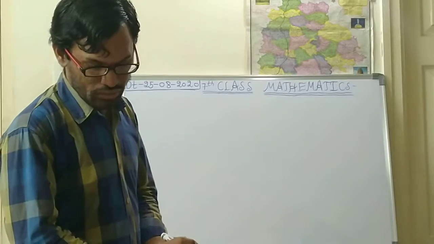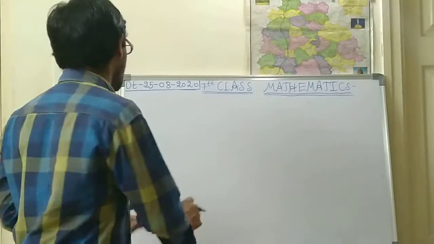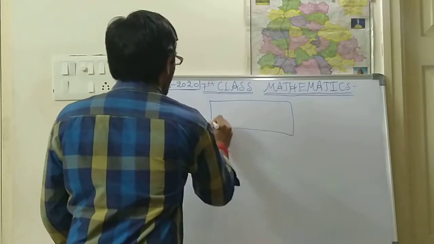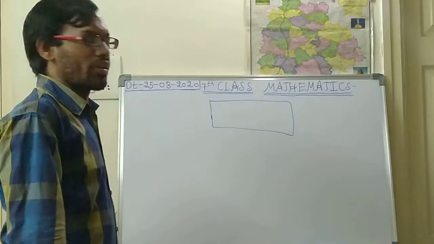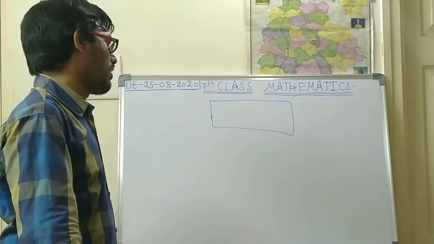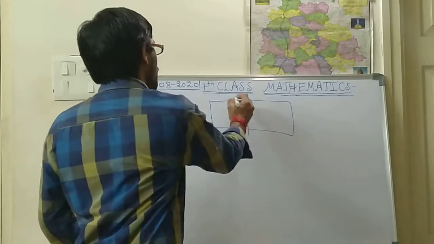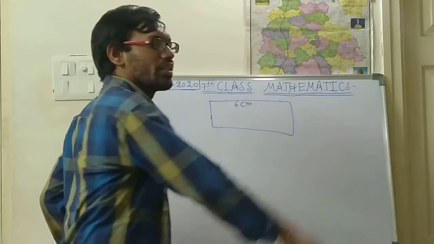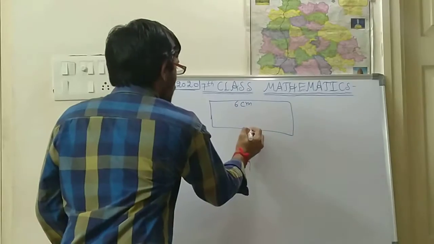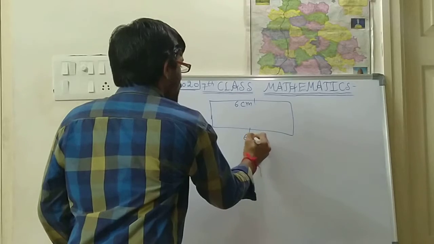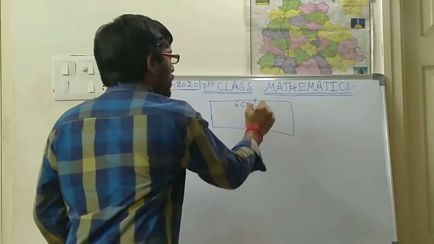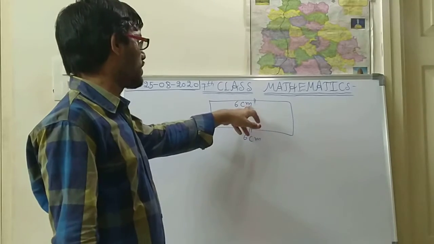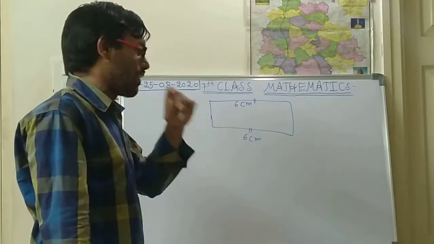For example, suppose a rectangle was given. Listen carefully, children. Its length is 6 centimeters, so obviously the opposite side is also 6 centimeters.